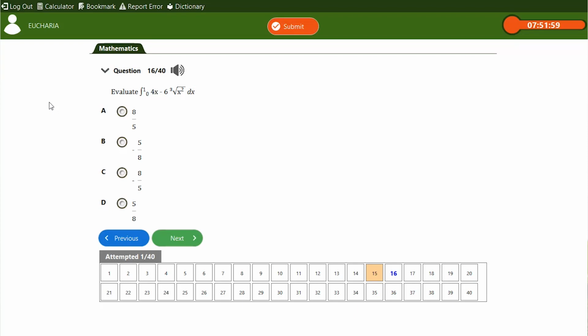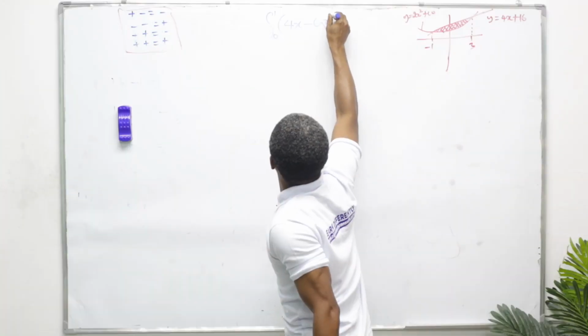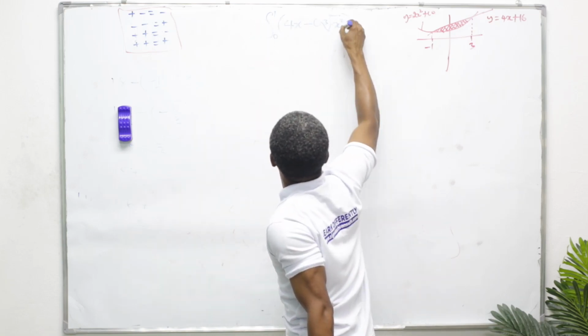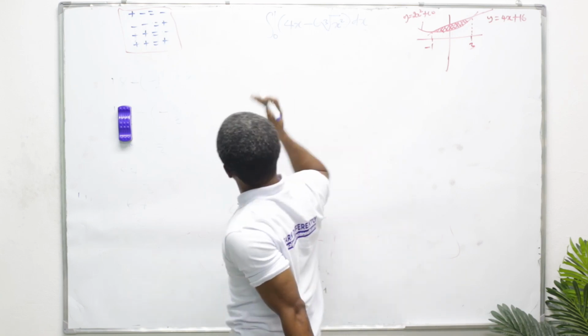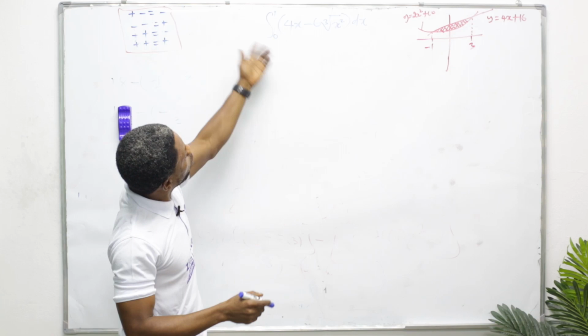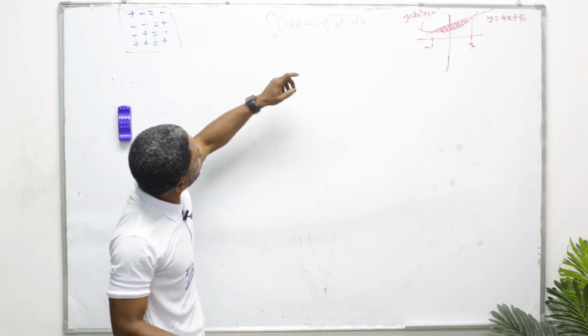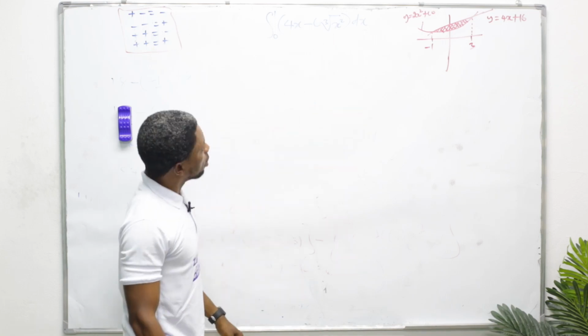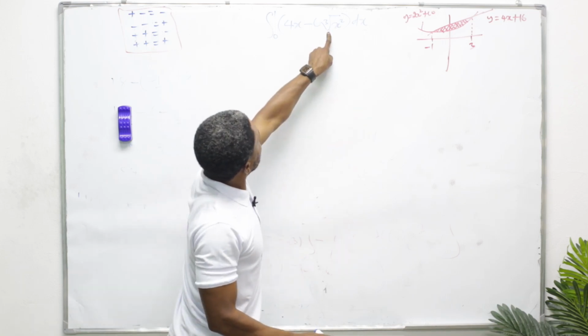4x minus 6, this is the cube root of x raised to power 2. Differentiate this. Merely looking at it with your eyes, it looks complex, but they just confuse you by bringing in the cube root. Let me write this somewhere.